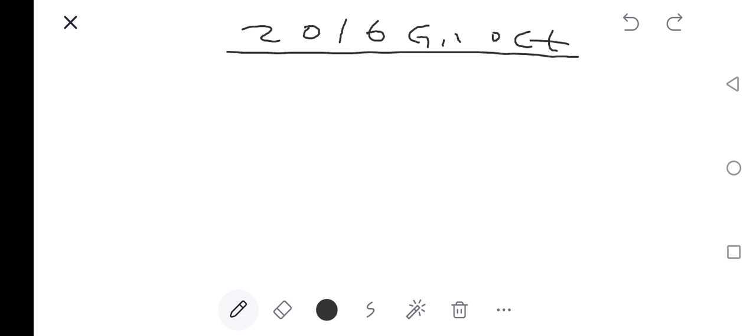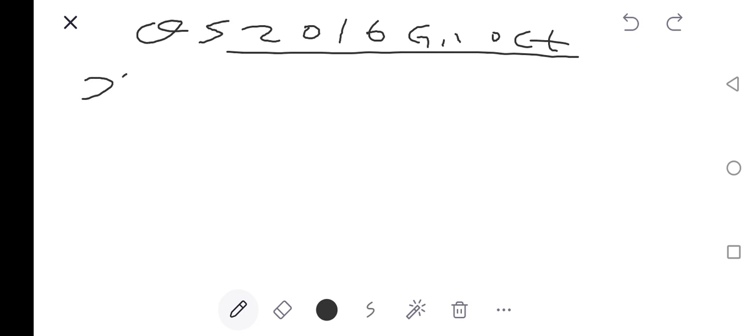So I was saying we are given numbers for the year 2016, that's the 12th October, the new syllabus. I think that was question 5.